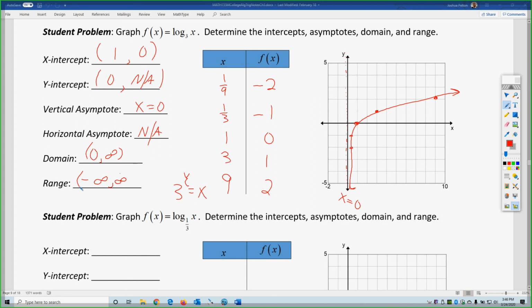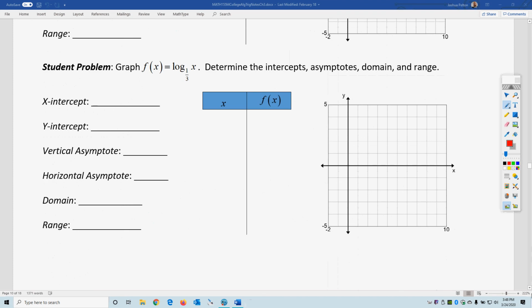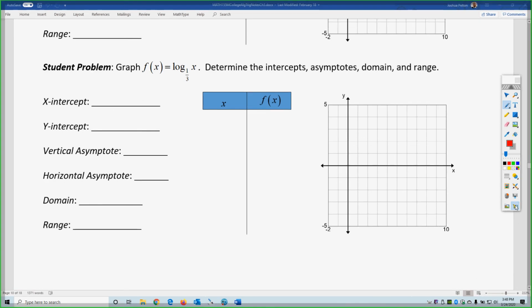Second student problem. If we rewrite it, we get y equals, I'm sorry, that's wrong. We get 1/3 to the y equals x, and we rewrite the problem. Okay, so plug in our values, -2, -1, 0, 1, 2.